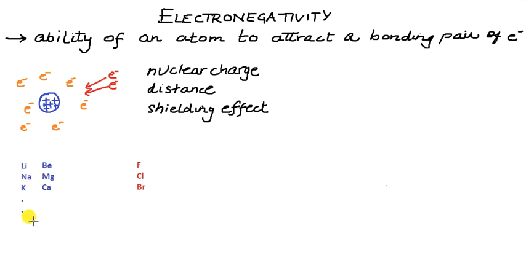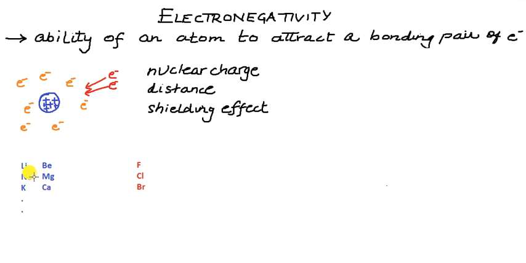Now down the group, even though the nuclear charge is increasing, the distance from the nucleus of the incoming electrons will increase, and the shielding effect would also increase because there'll be more layers of electrons in the middle, so they'll repel the outer electrons, partially nullifying the force of the nucleus on the electrons.